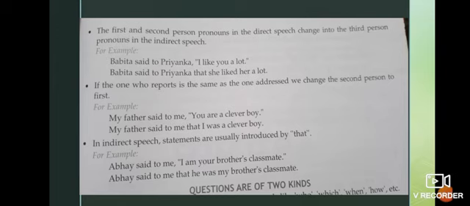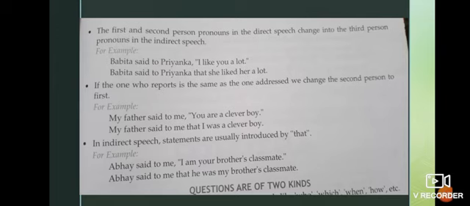The rules are, if the reporting verb in a sentence is in the present or future tense, then the tense of the verb in the reported speech is not changed. But if it is in the past tense, then the tenses will be changed.